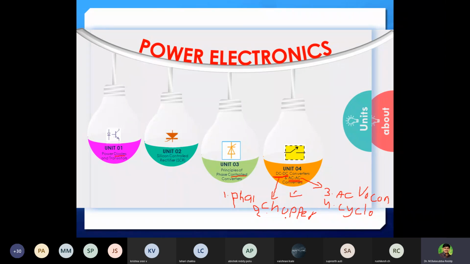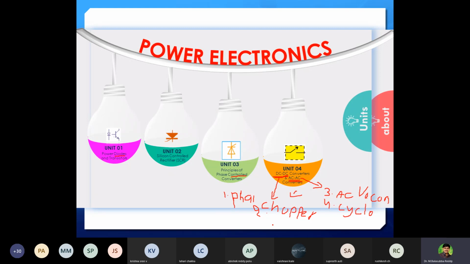The AC voltage controller's function is to convert fixed AC to variable AC with constant frequency. That is the function of the AC voltage controller. The second one is the cycloconverter. Again it is AC to AC only, but there is another change in that controller.